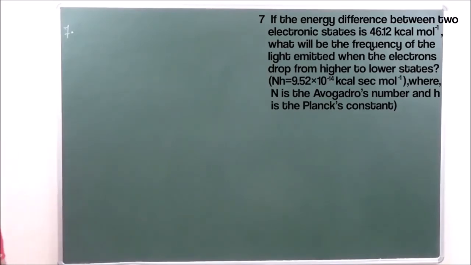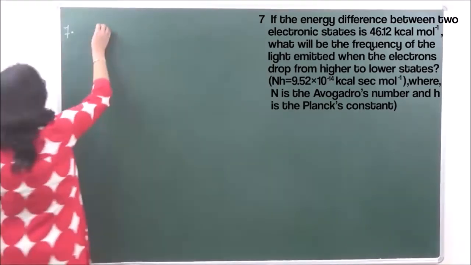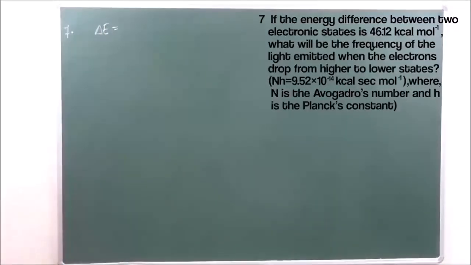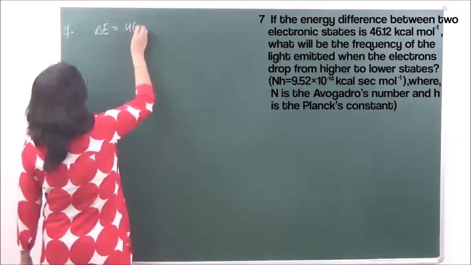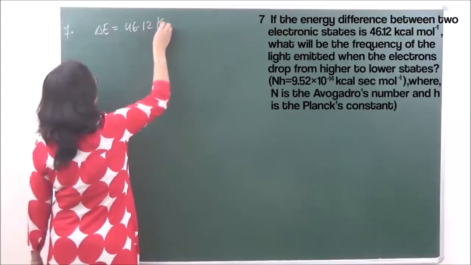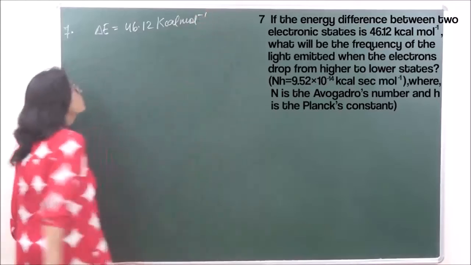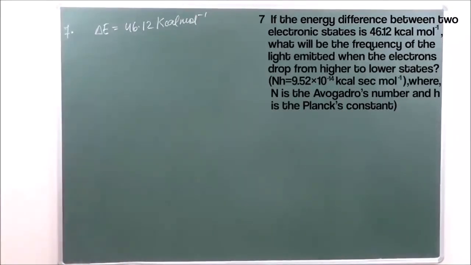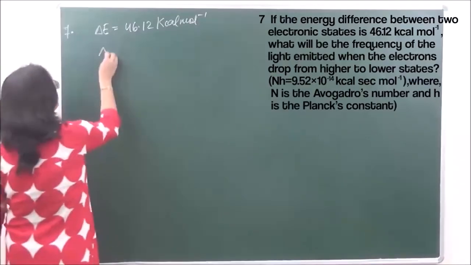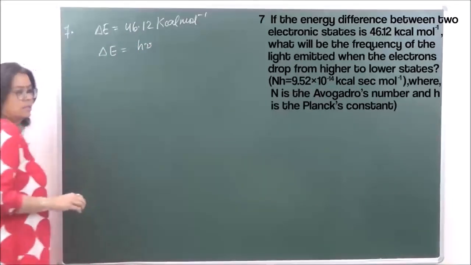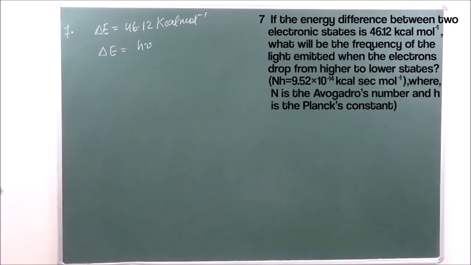Now what have they given to us in the question? Delta E is given to us, the energy of transition, that is 46.12 kilocalories per mole, right? Now Bohr says that delta E is equal to h nu.